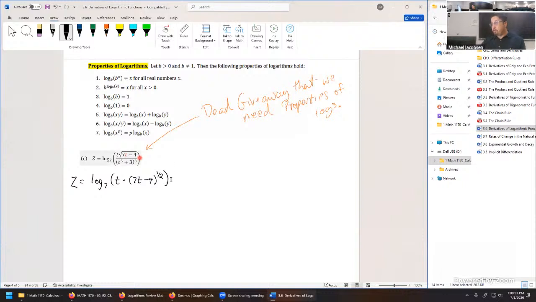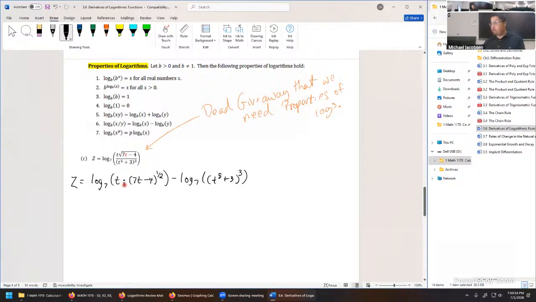It's written as a square root, but we'll write it as a power of 1/2, since that'll be useful for us when we use property number 7. Then it goes minus log base 7 of t to the power 5 plus 3, cubed. So that's property number 6.